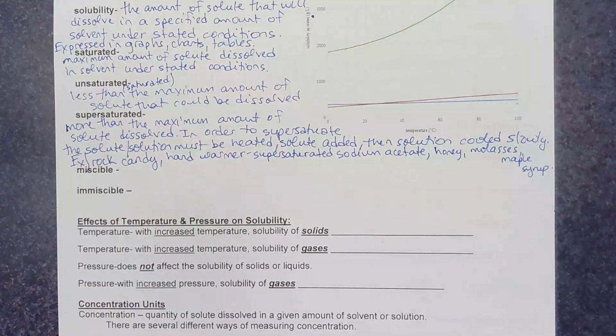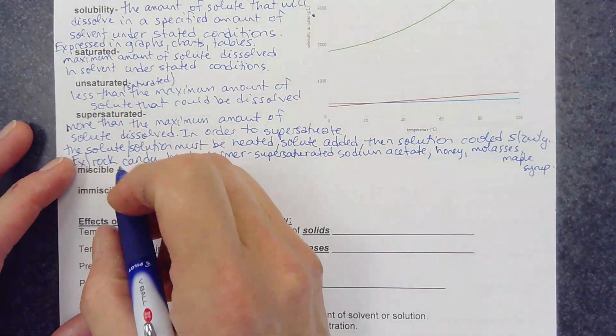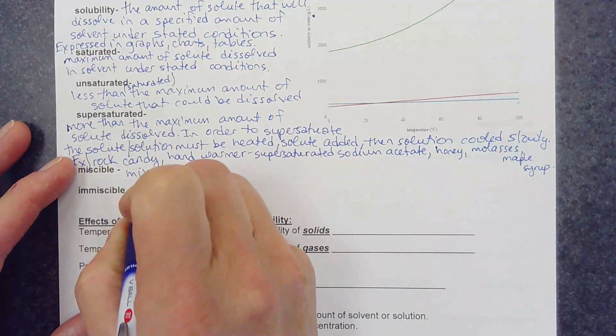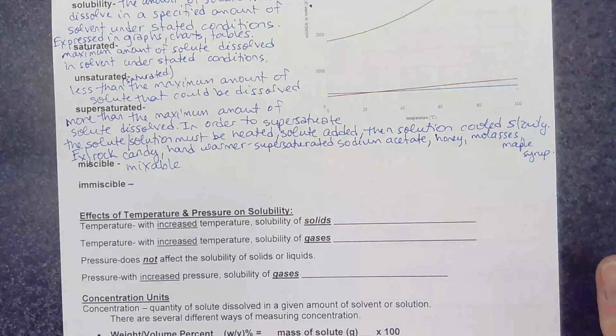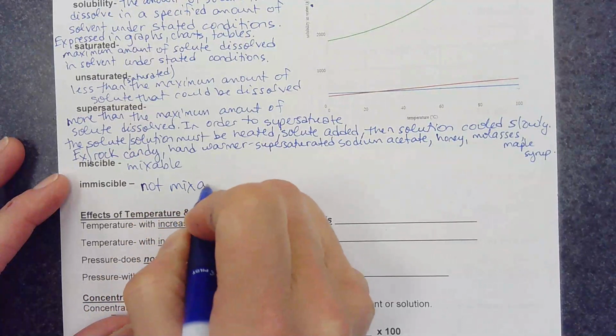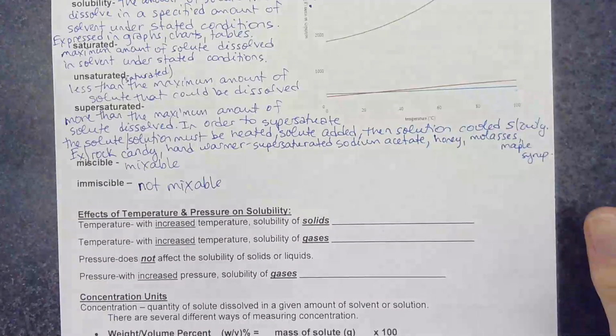What are we doing to make solutions? Mixing. Miscible means mixable. So if two solutions are miscible, they are mixable. If they're immiscible, they are not mixable. This is improving your vocabulary, okay?